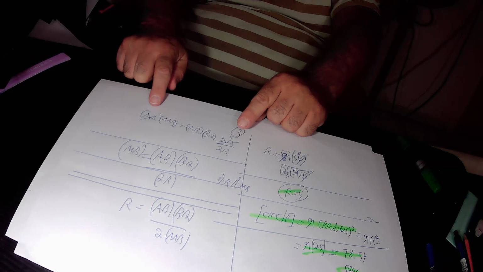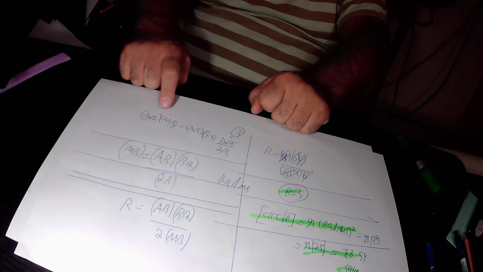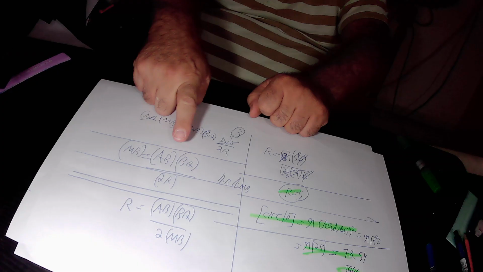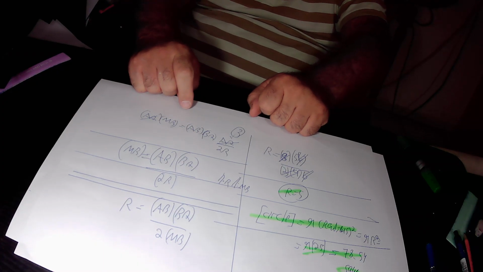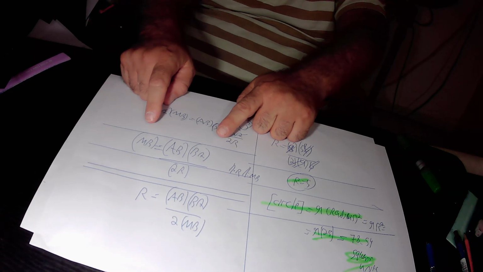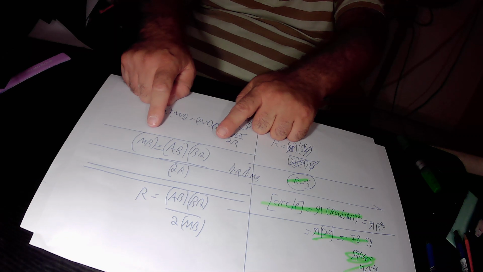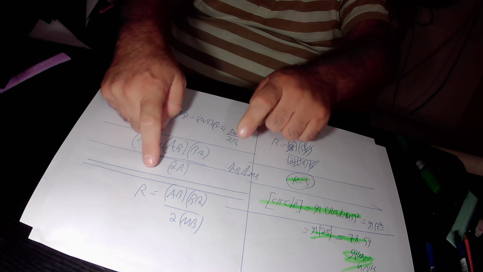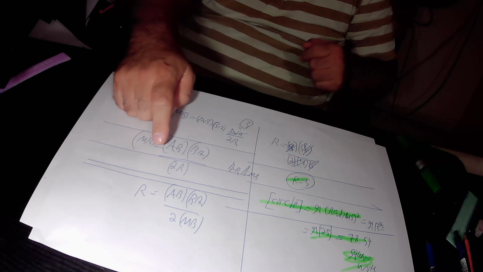After we cancel AQ, on this side of the equation we are left only with MB, which equals AB times BQ over 2R. Here we multiplied this equation by R, and then divided by MB, and we finally found out that R equals AB times BQ over 2 times MB.